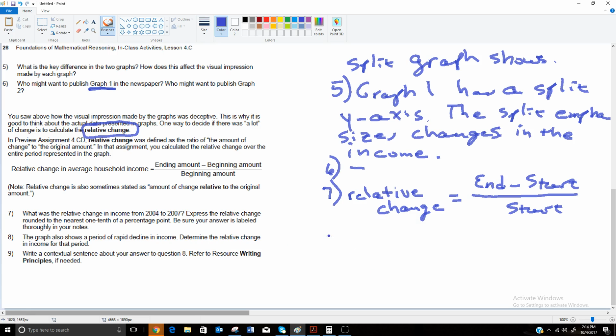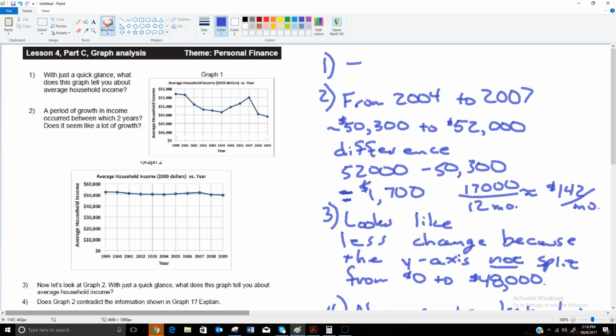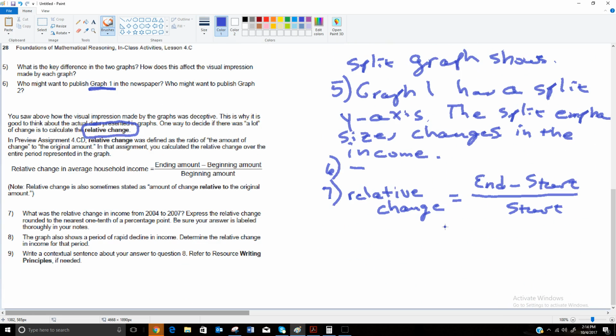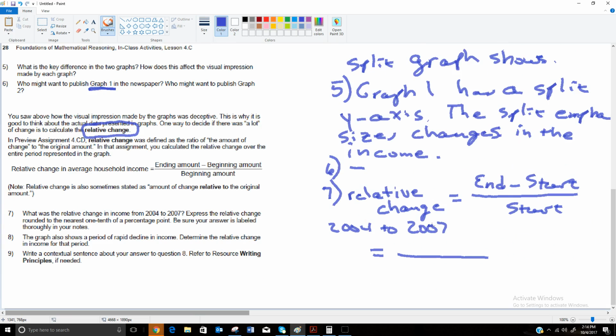So in this case, what was the relative change from 2004 to 2007? Well, we figured out the actual change here was $1,700. So we'll write that down. And again, we're going from 2004 to 2007, not the entire graph. So from 2004 to 2007, we ended at 52,000.